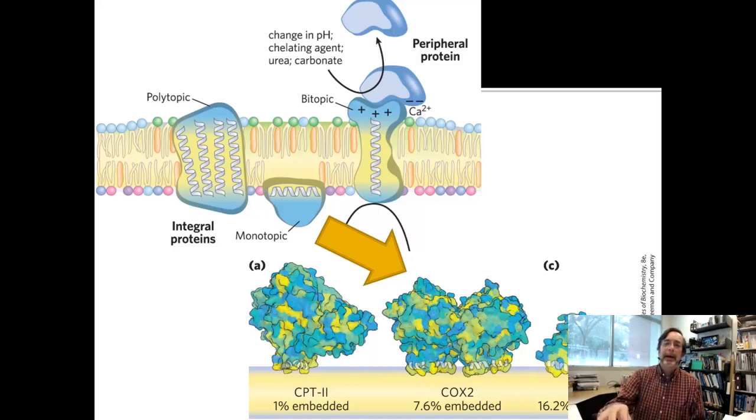You chelate the calcium, take it away with a chelating agent, and then the protein falls off. Very cool. And so you can talk about the different amounts of embedded nature for the monotopic proteins that have sort of sideways helices. Most of your textbook will be talking about the polytopic or bitopic proteins that have membrane spanning helices.